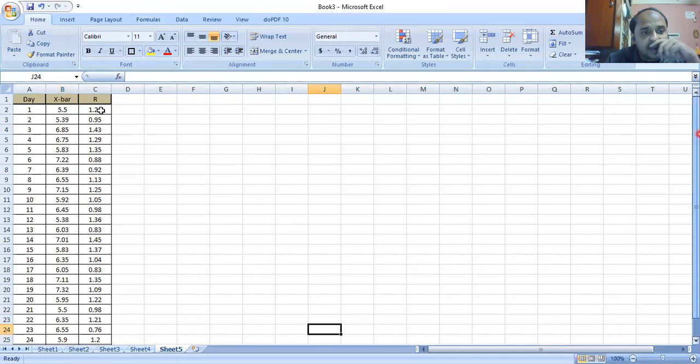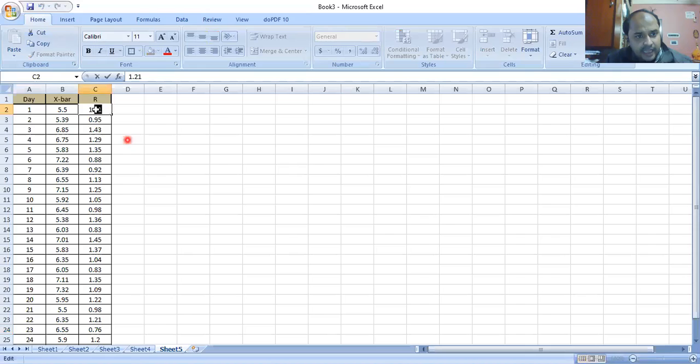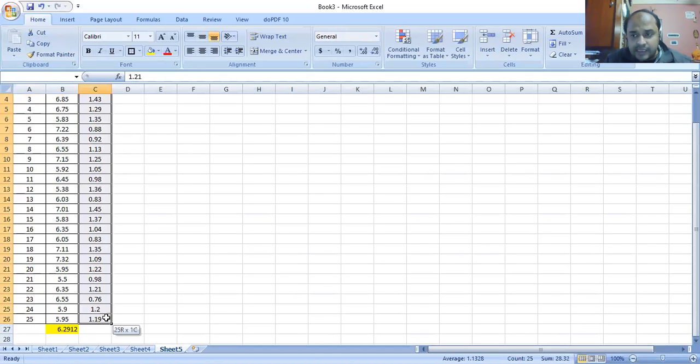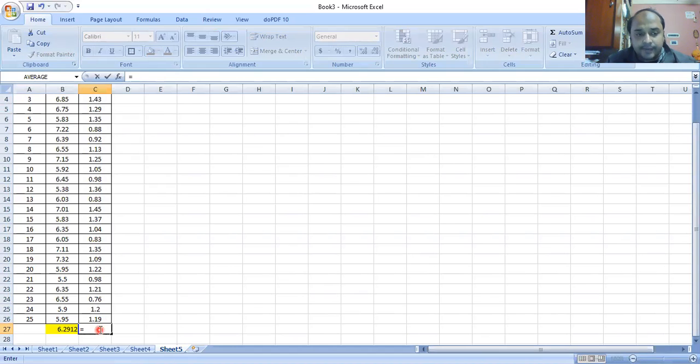And if you want to calculate the R bar, I mean the arithmetic mean, again I'm going to show you this. I am selecting this cell and pressing my mouse, pulling it downwards. Sorry, I have to do it this way since I'm using my laptop. And if I select up to this, where will I write my answer? So I'm selecting one extra cell below. In the blank cell below, I am double clicking the cell, putting the equality sign.